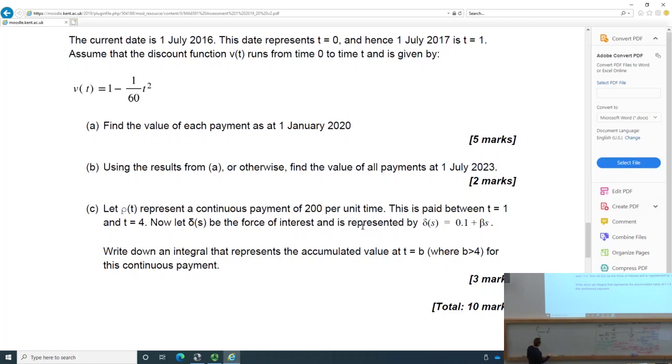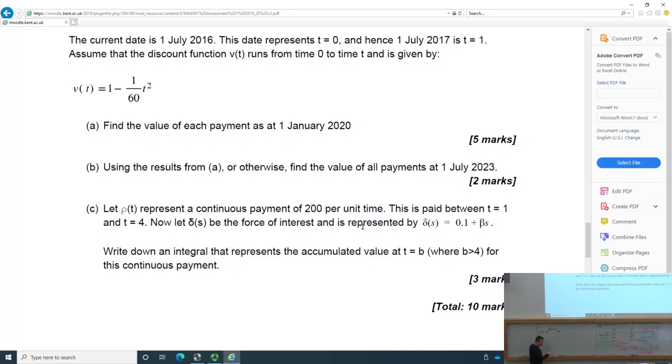So first of all, we know we're going to accumulate this, so let's put delta s ds in to start with, and then we'll just finish the integral by putting dt on, where dt is an infinitesimally small time between time 1 and 4. Right, okay, so where are we going to go to with these?